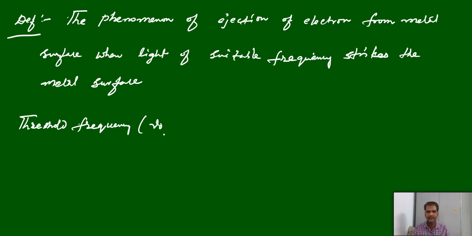This is generally represented with nu naught, the threshold frequency. What is the threshold frequency? It is the minimum amount of frequency required to eject the photoelectrons.